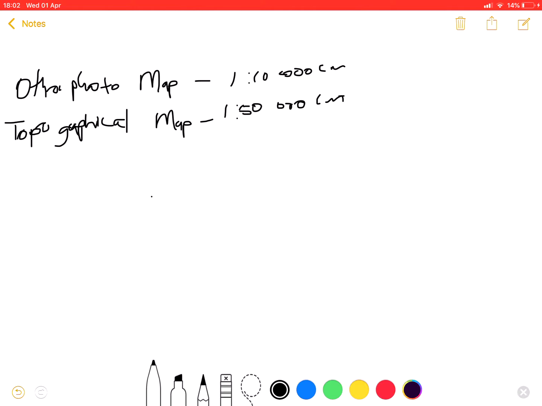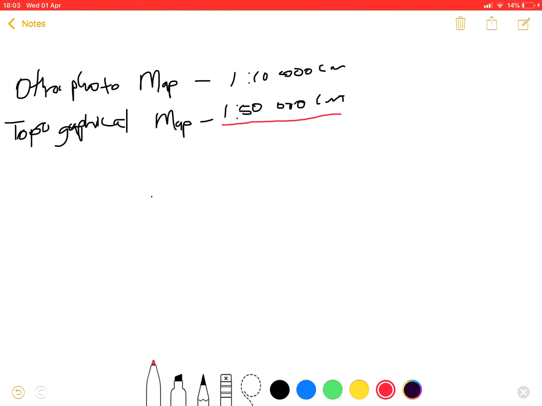Why is that the case? Because the scale of a topographical map is 1 is to 50,000. Many of you tend to confuse these because they see that 50,000 is bigger than 10,000. But it's not the case.